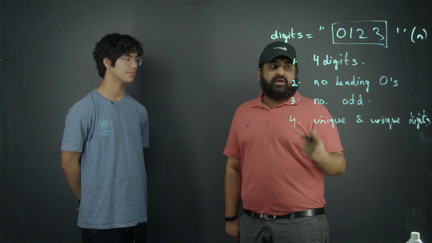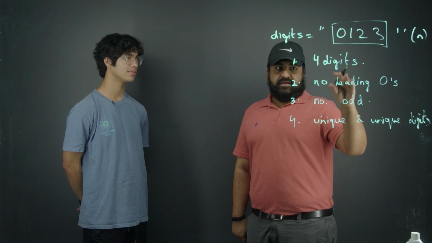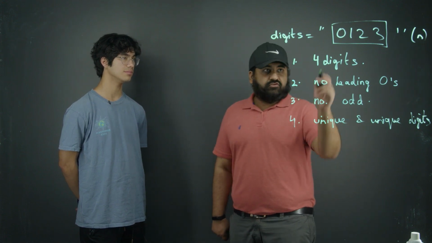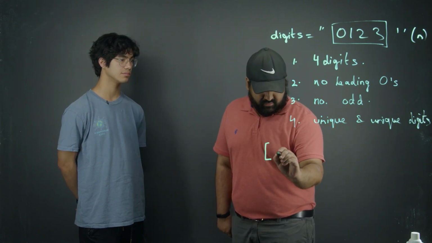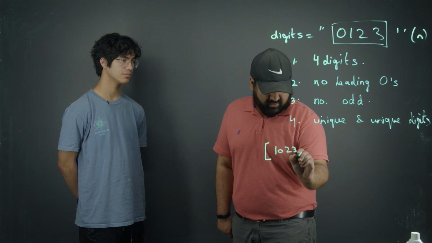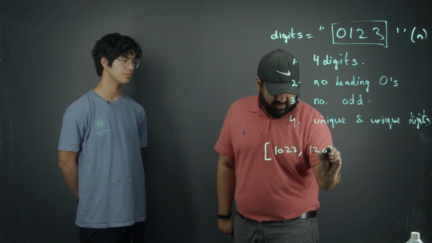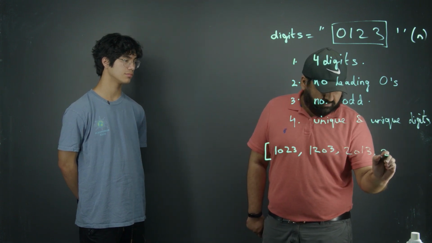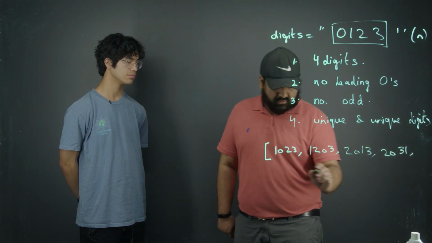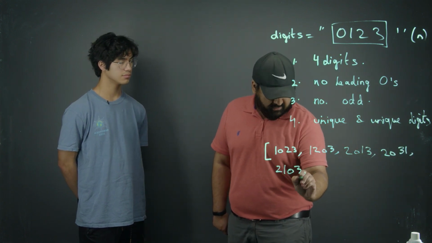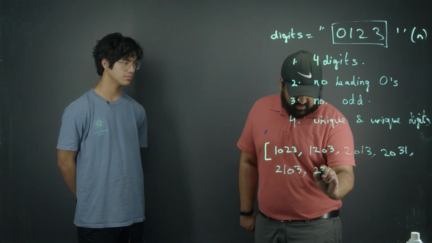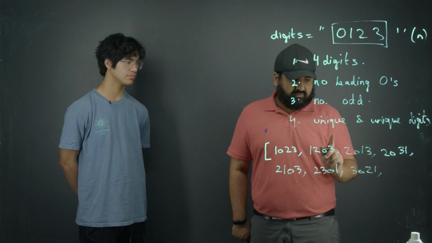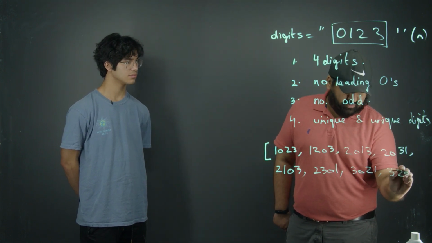In this case, I want you to return a sorted array consisting of all four-digit numbers that follow these four conditions, which for this case would be 1023, 1203, 2013, 2031, 2103, 2301, and 3021. I think there'll be one more, which is 3201.